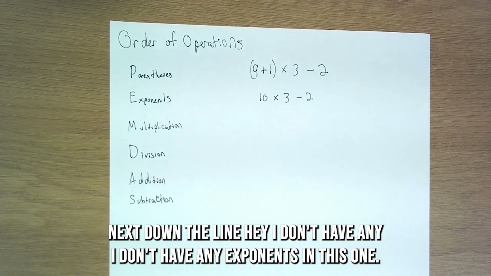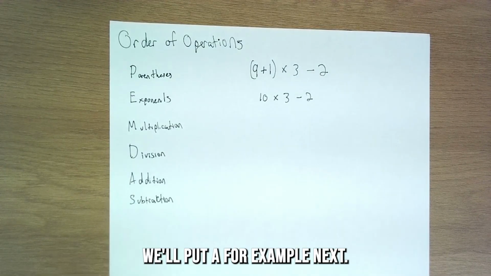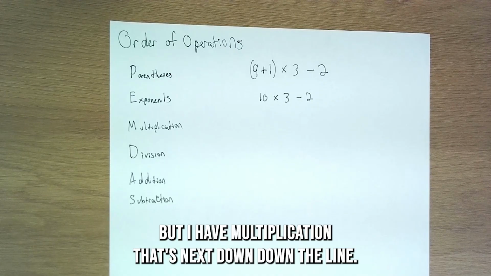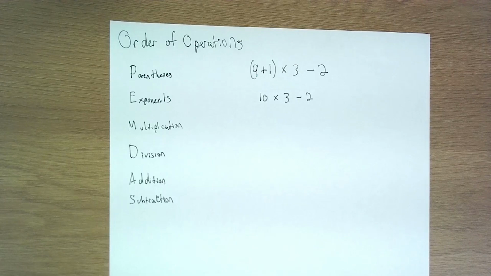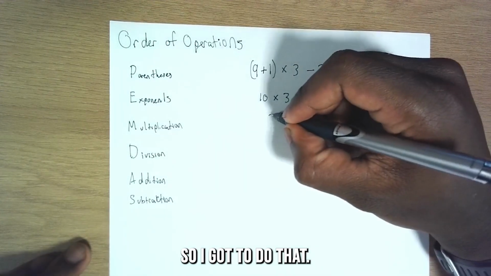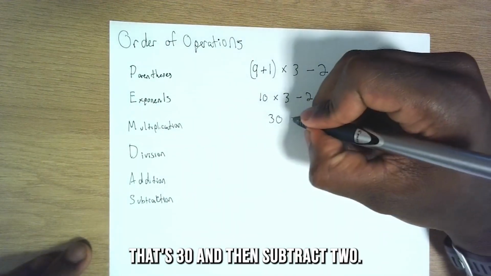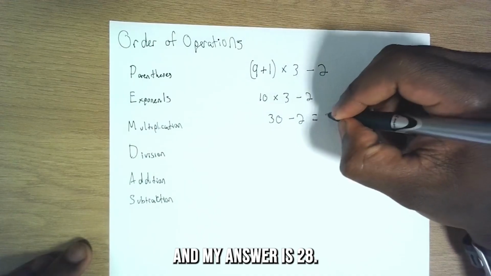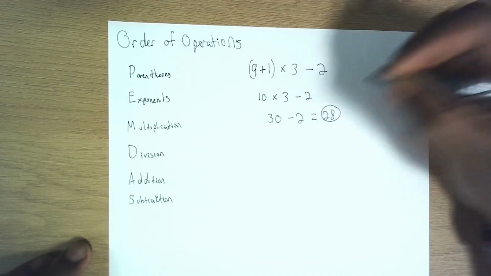Next down the line, I don't have any exponents in this one, we'll put an example next. But I have multiplication, that's next down the line. So I have to do that. That's 30. And then subtract 2, and my answer is 28.